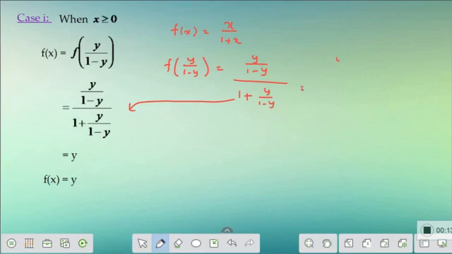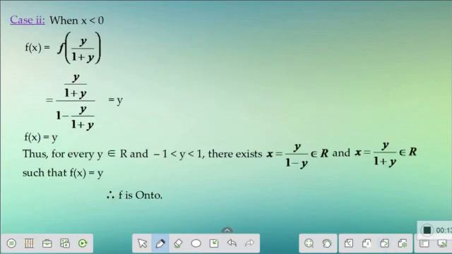We'll have y by 1 minus y in the numerator, whereas the denominator will have 1 minus y plus y, the whole divided by 1 minus y. On simplification, we can see that it gives you y by 1, that is equal to y. So we see f of x equal to y when your x is positive. Similarly, you can prove it when x is less than 0.